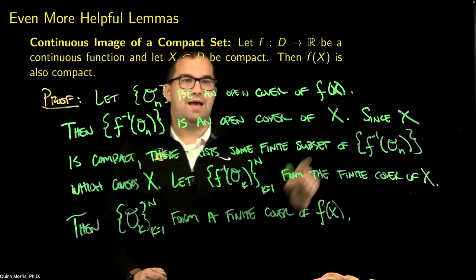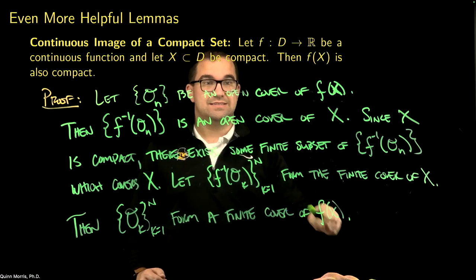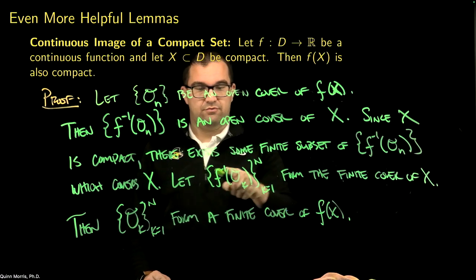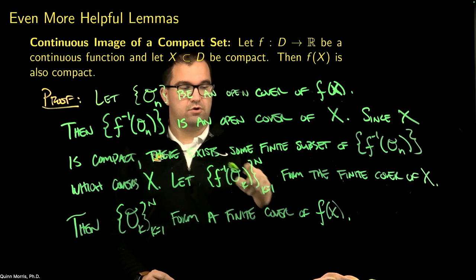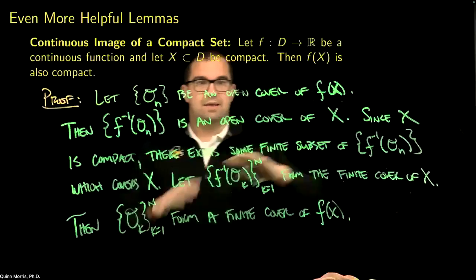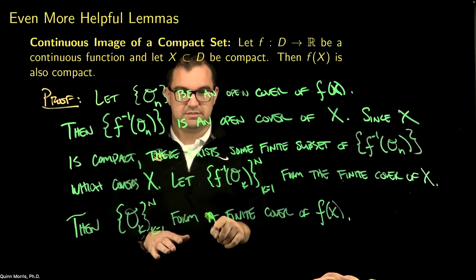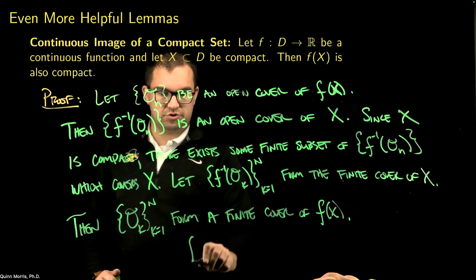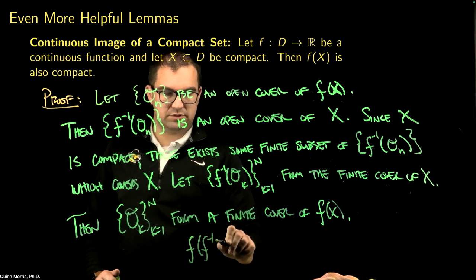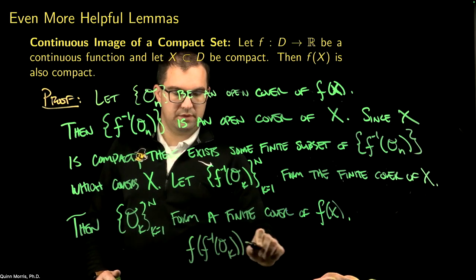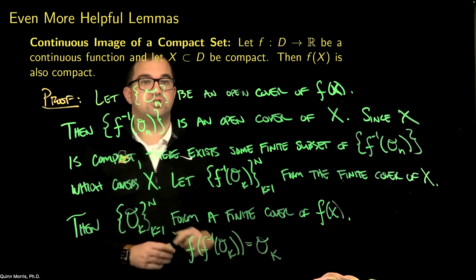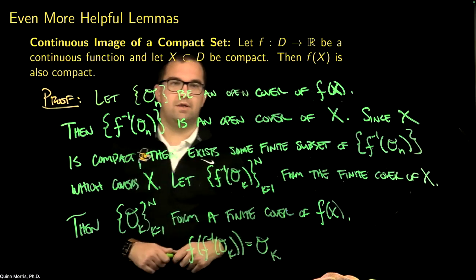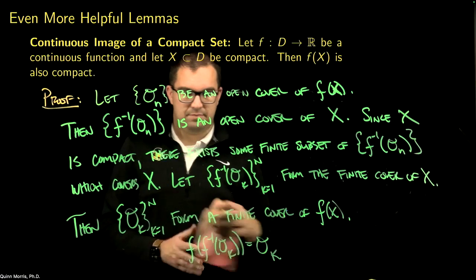I know that everything in f of capital X is hit by mapping X via f, and because f inverse of O sub k form a finite cover of X, every value of X is covered by one of these. So when you map them forward again, the key is that because your function is surjective, f of f inverse of O sub k is just equal to O sub k. Again, in general, that's not true. One of the first homework problems I do shows that you don't in general get equality, but you do get equality if your function is surjective. So that ends up being an important piece here.